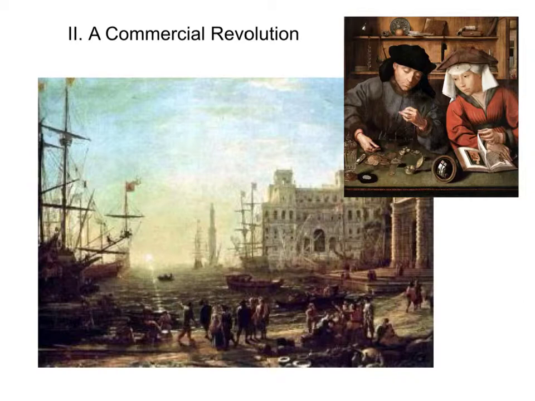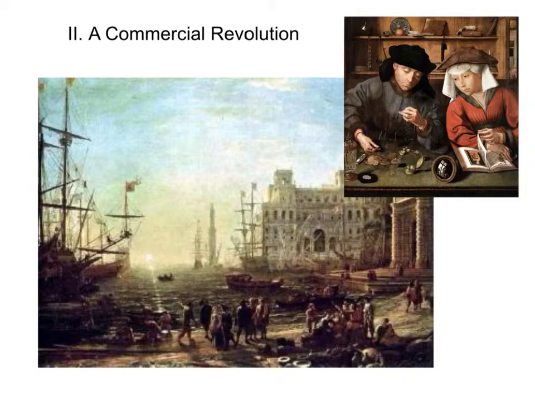But the capital was used to help build businesses that were privately owned, they were not government owned or monopolies granted by the government, but they were private business people working. And these rich businessmen would often get together and form a joint stock company, which is basically they would buy a share in a company that would then send ships out to trade with the rest of the world.